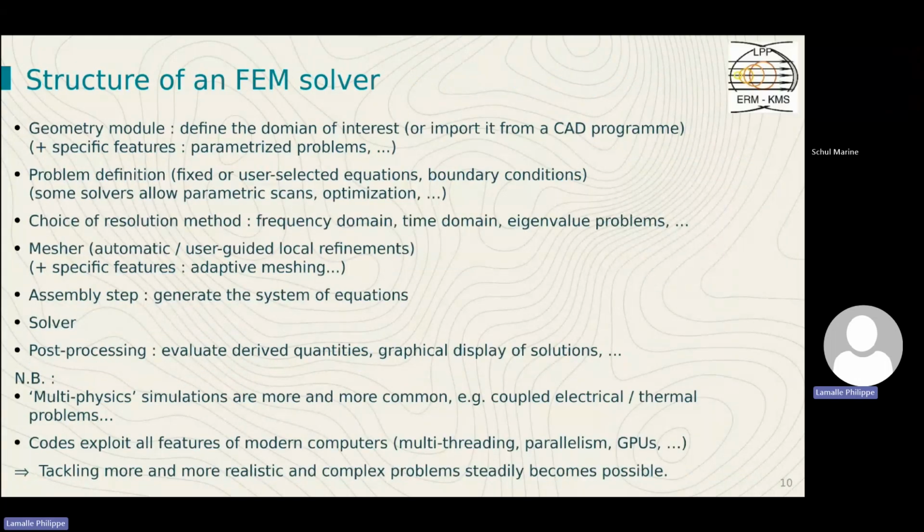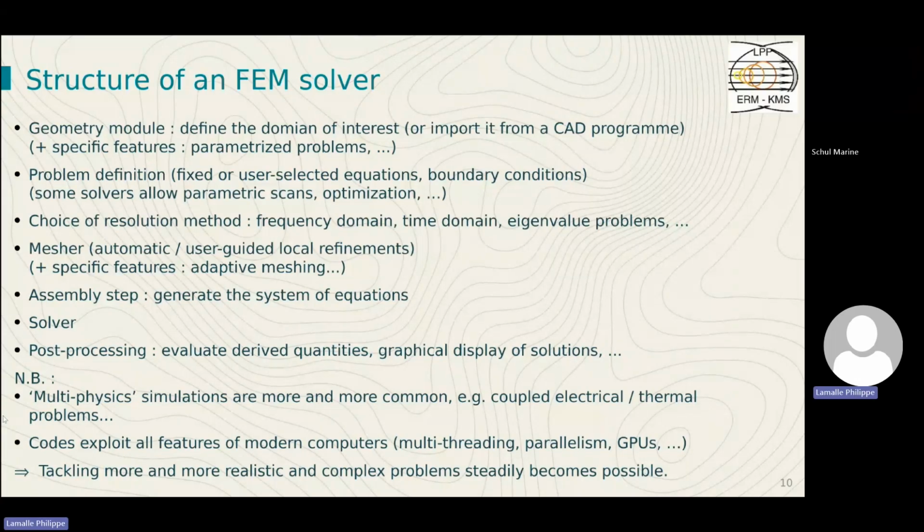General structure of a finite element program. Usually you always have a geometry model where you define the domain of interest. This can also be imported from CAD programs most of the time. I would say that some solvers have very specific features in which you can parameterize the geometry that you want to study and program scans of parameters which are then executed automatically.